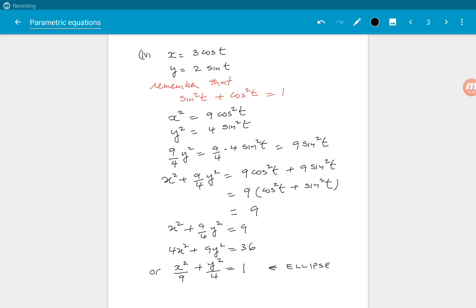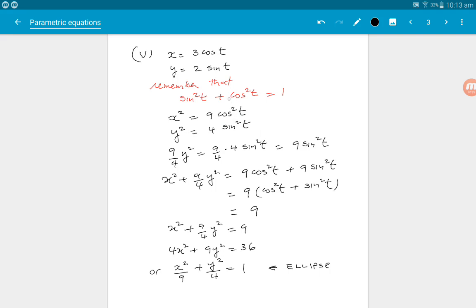Right, in this example, we are also going to use this relationship, sine squared t plus cos squared t equals 1. So these types of questions take a little forward planning. If I square the x, I get 9 cos squared t. If I square y, I get 4 sine squared t.